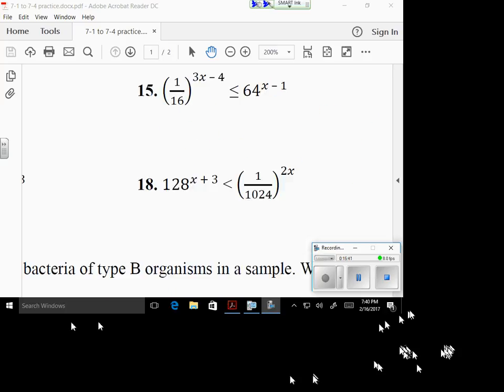Number 15, 16 is 4 squared, so that's the same as 4 to the negative 2 to the 3x minus 4. 64 is 4 to the third. We multiply our exponents together. We end up with 4 to the negative 6x plus 8 is less than or equal to 4 to the 3x minus 3.